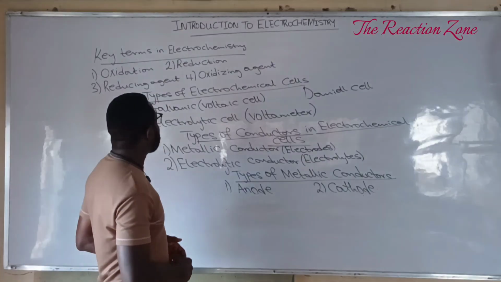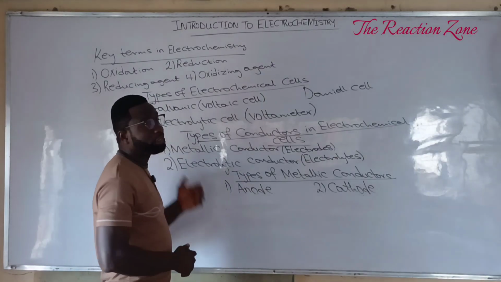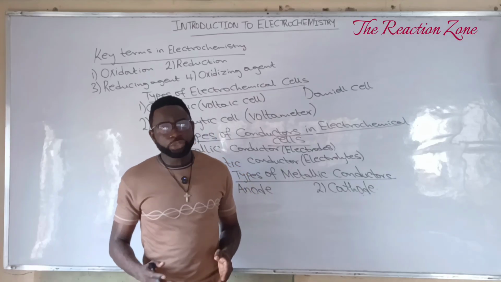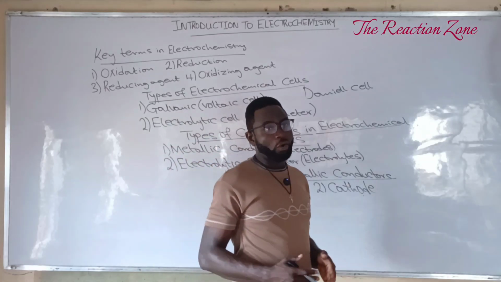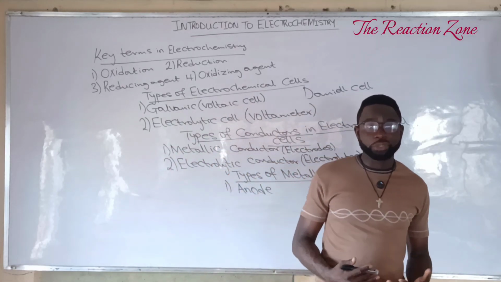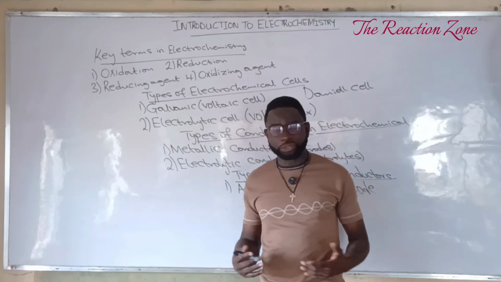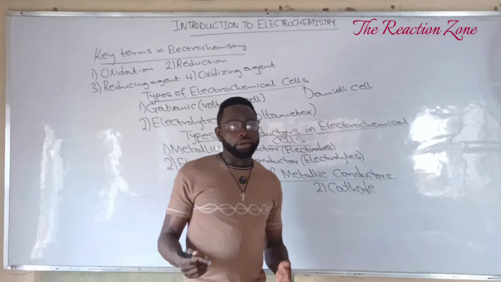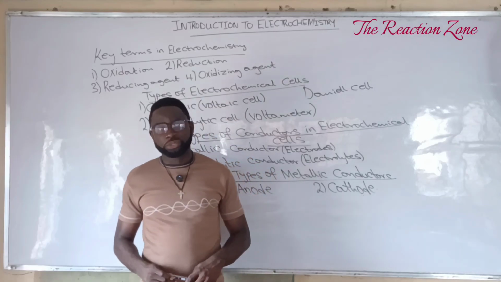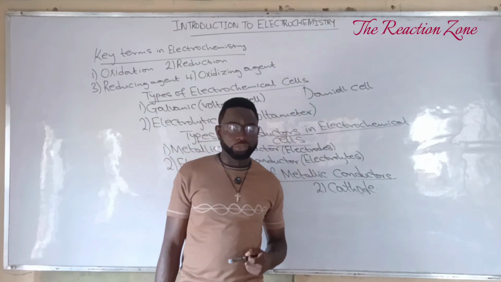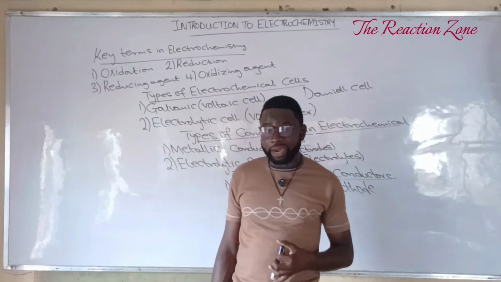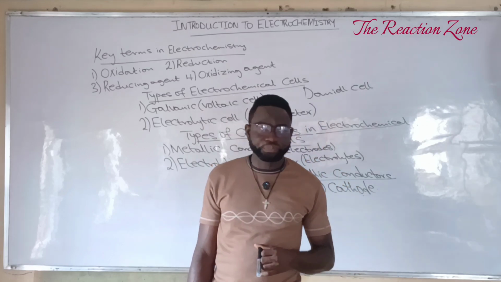In an electrolytic cell, on the other hand, electricity is used to drive or bring about non-spontaneous chemical reactions. In an electrolytic cell, the chemical reactions are non-spontaneous because they are brought about or initiated by electricity.